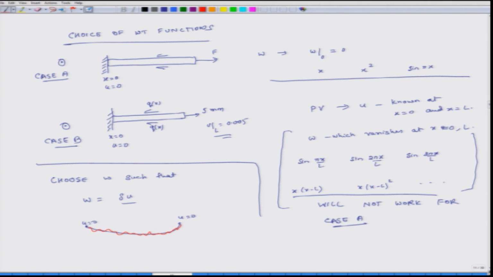Wherever the variable is known, at that place variation has to be 0. At all other places it can be non-zero.